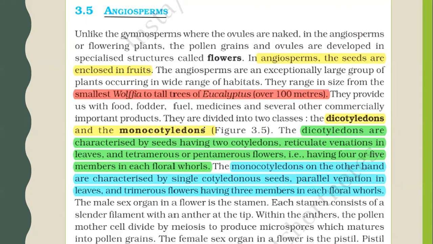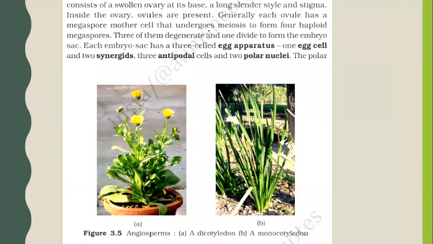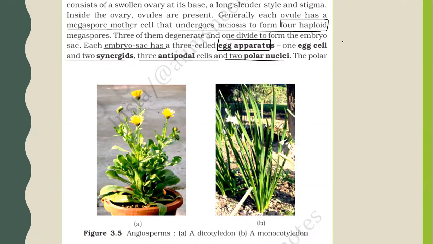Generally each ovule has a megaspore mother cell that undergoes meiosis to form four haploid megaspores. Each embryo sac has a three-cell condition known as the egg apparatus, two synergids, three antipodal cells, and two polar nuclei. You will study this in detail in class 12, so no need to worry right now.